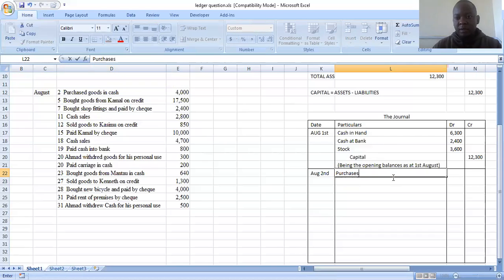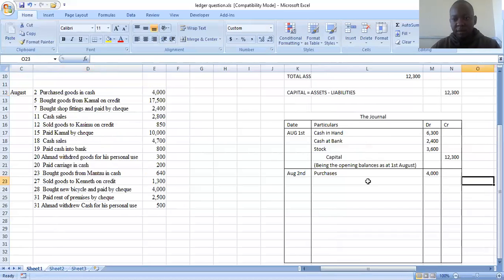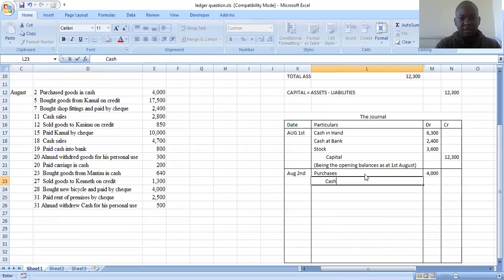So debit purchases, that is 4,000 shillings. And then credit cash account, 4,000 shillings.